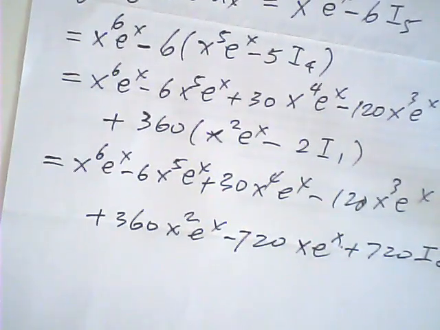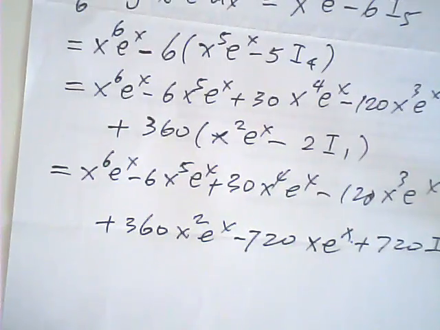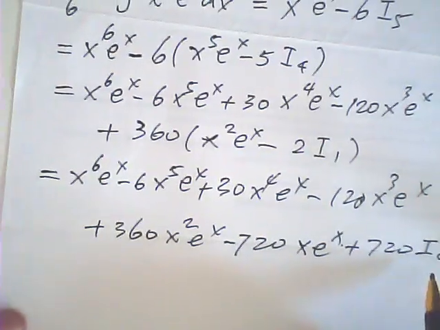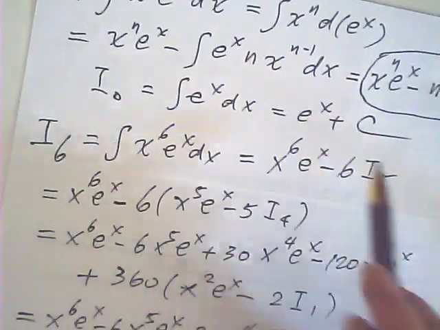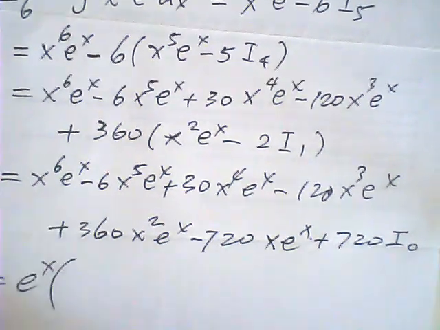Wow. Okay. So everything now, I0 is what? I0 is e to the x. So I have e to the x as a common factor.